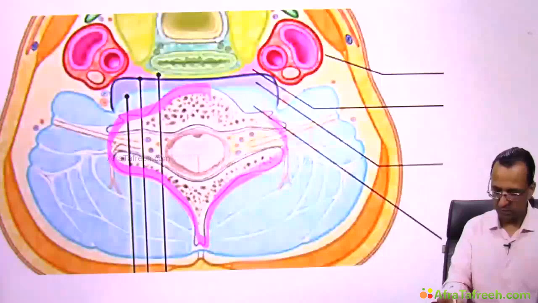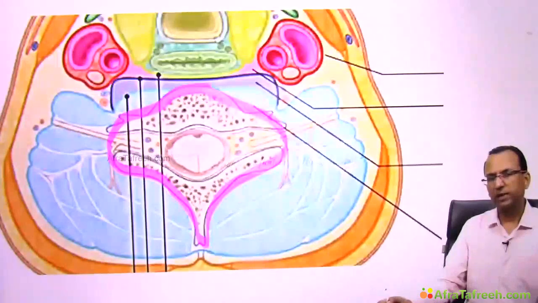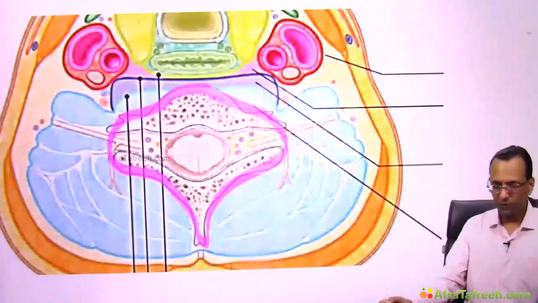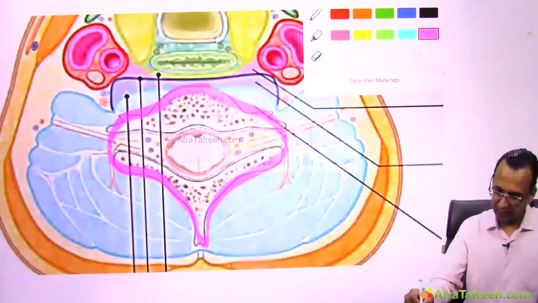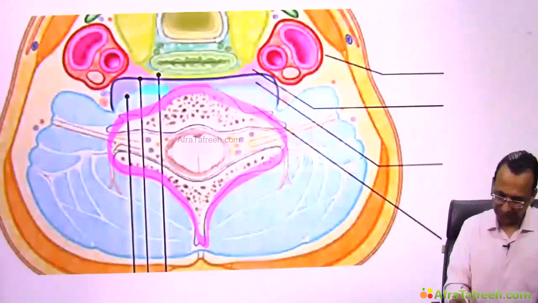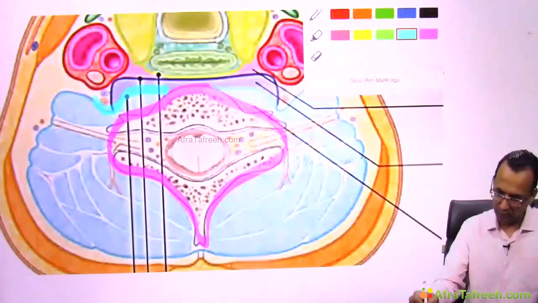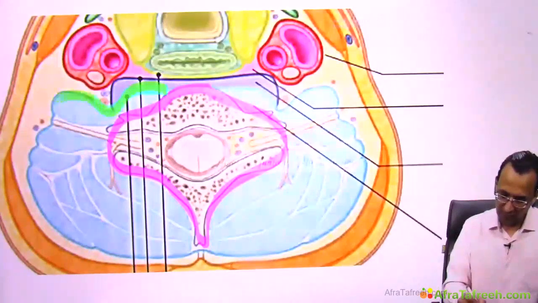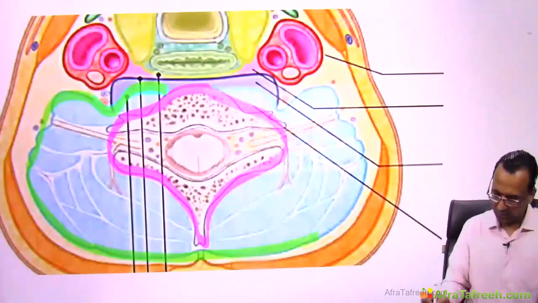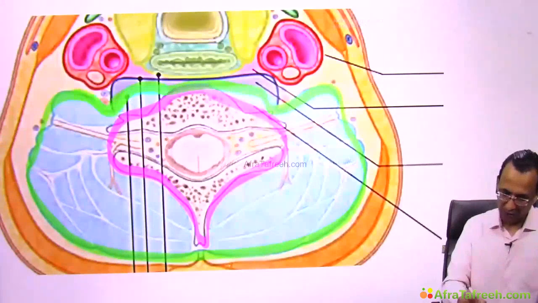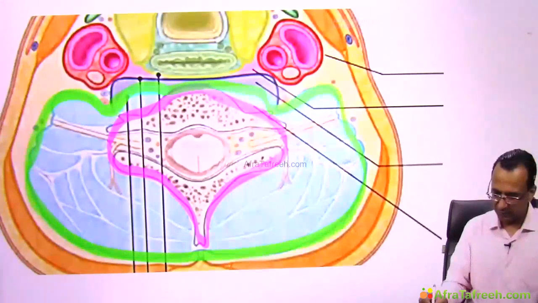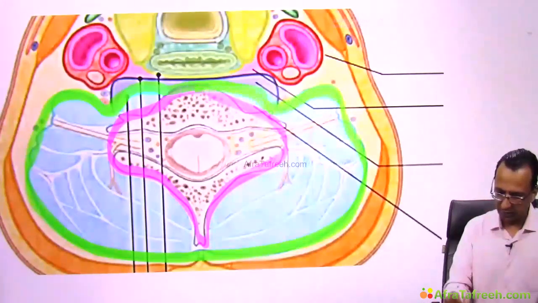Can you see in front of the vertebra there is a fascia which is going around the paravertebral muscles? Yes, I know. This is the prevertebral fascia you're talking about? Yes, prevertebral fascia. It is in front of the vertebra.